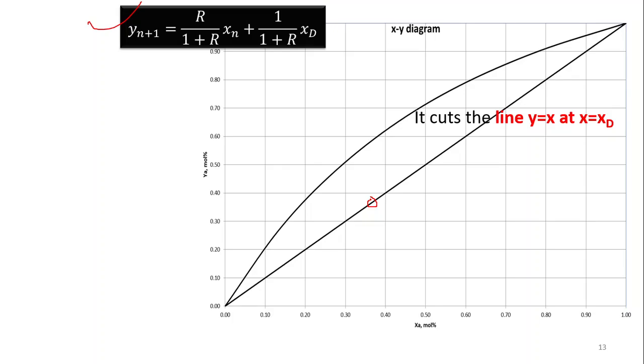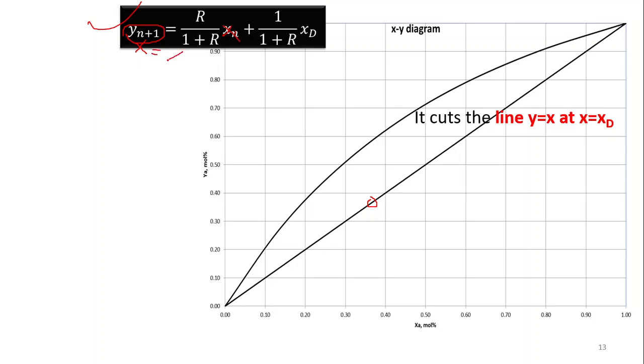To find the point at which they intersect, you just put y equals x. You can put x here as well, because we are specifically finding the intersection point. If you rearrange, you will find that x equals xd.